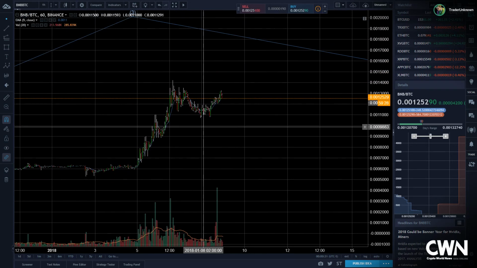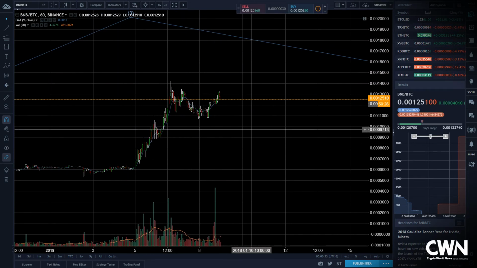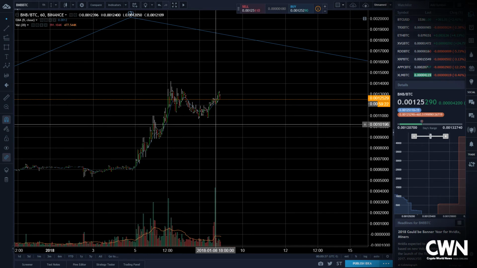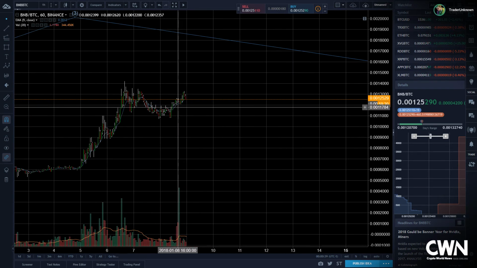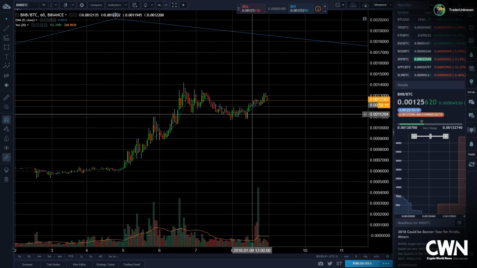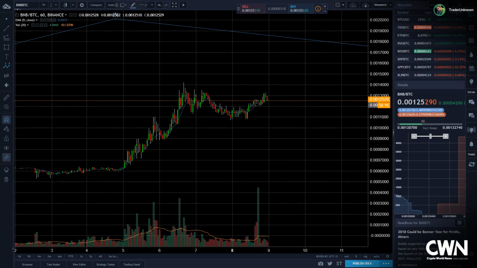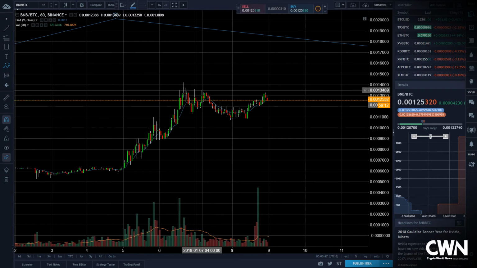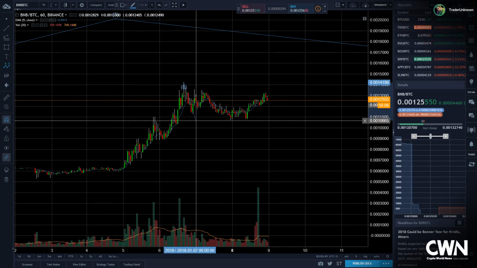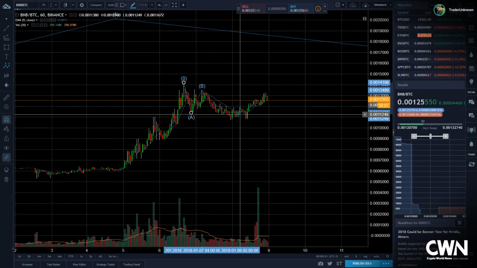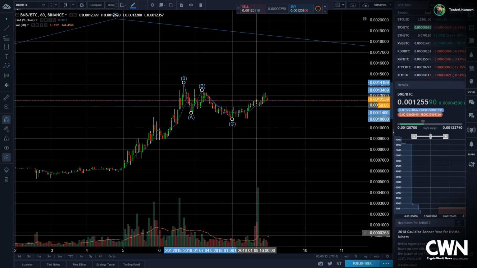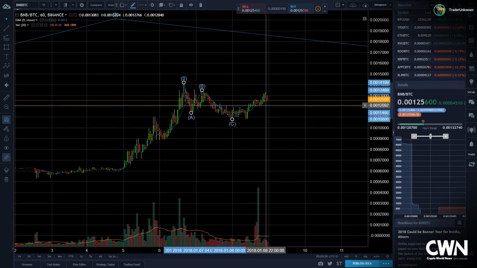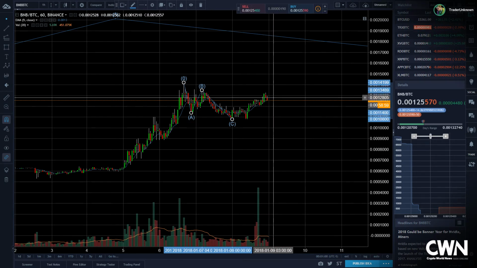Oh, we're zoomed in on the 1 hour here. This could already be a completed ABC, as crazy as that sounds. Well, it's also a crazy looking bull flag, right? Here's our A leg, here's our B, here's our C. We've got major volume coming into this market in what looks like a 1, 2, 3, 4 completed 5 micro up.